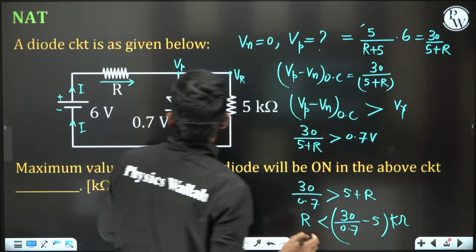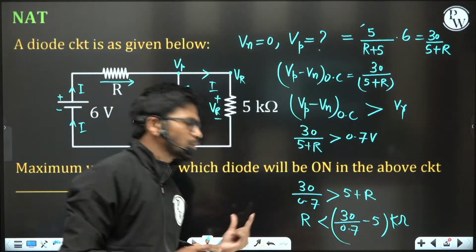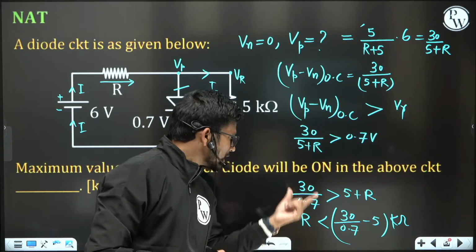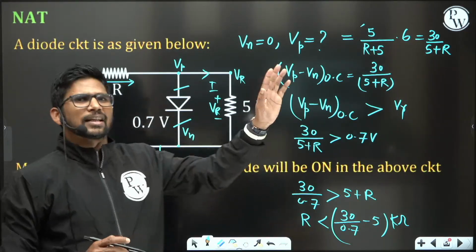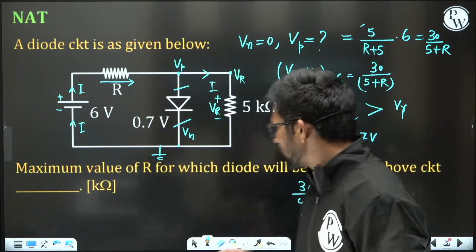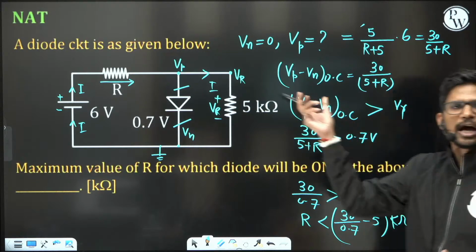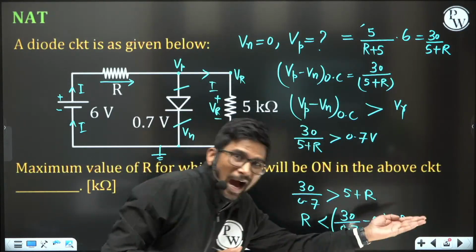So as long as the value of R is equal to this or less than this, the diode will be on. If you take the value of R greater than this value, then the diode will be off. So R will be either equal to this value or less than this value.